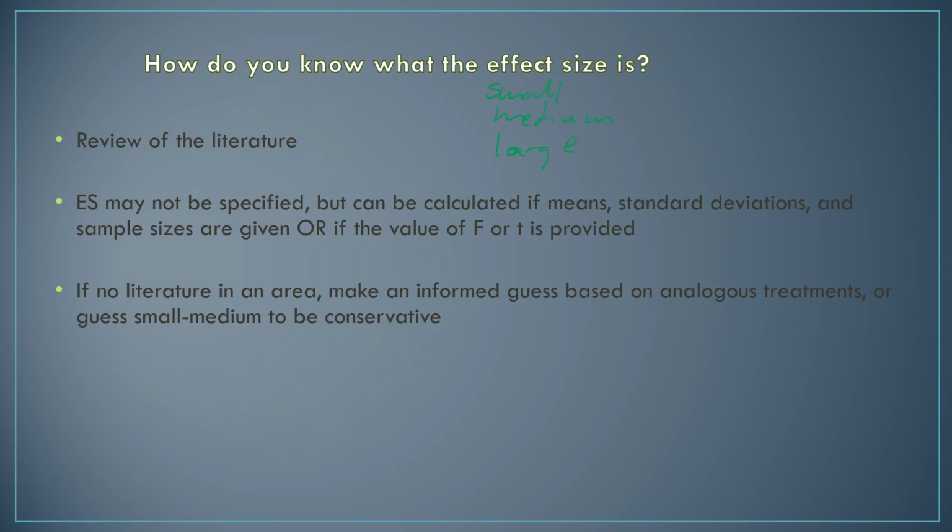So you have to take this small, medium, and large scale and couple that with the context, and you could come up with both of those using the literature, using any of the information given about the effect size, and also how that effect size is used with your F statistic.